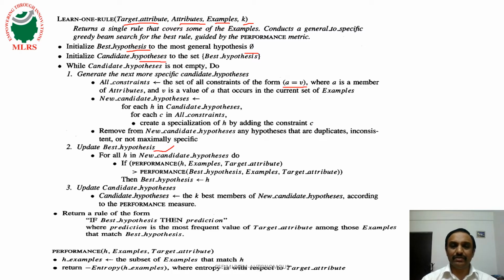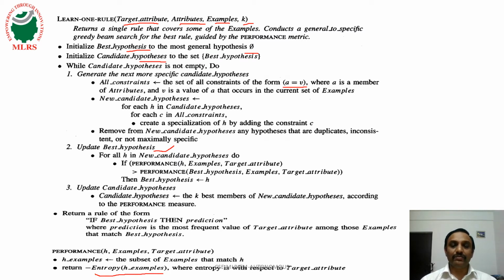After that, we have to update our best hypothesis. We are taking some new candidate hypotheses, and from those we have to take the best hypothesis. How to take the best hypothesis? Here we have to consider one function, performance. We have to check the performance of each hypothesis. To check the performance, we are using the entropy of that particular one.